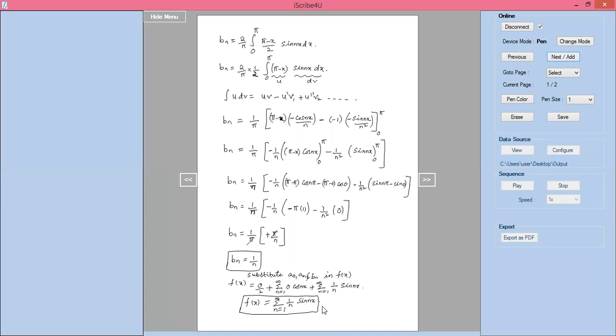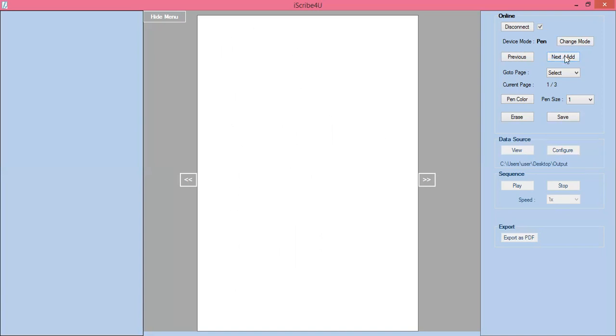Like that, I expand the series and get the values, but afterwards I have to choose what values to fix for x. So f of x equals 1 by 1 into sin x plus 1 by 2 into sin 2x plus 1 by 3 into sin 3x plus 1 by 4 into sin 4x plus and so on, just keep on going.